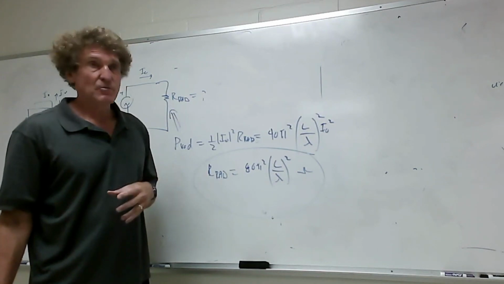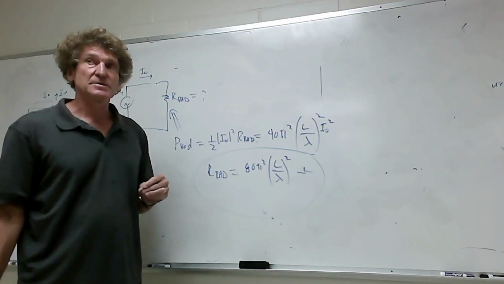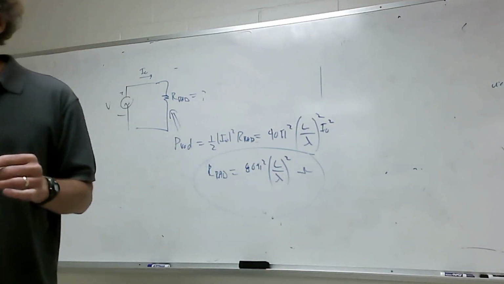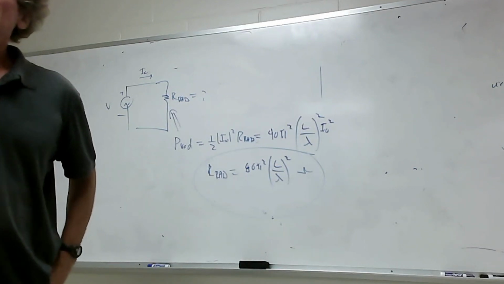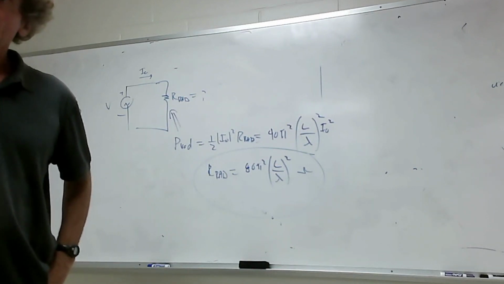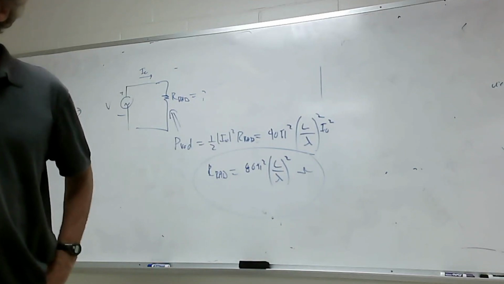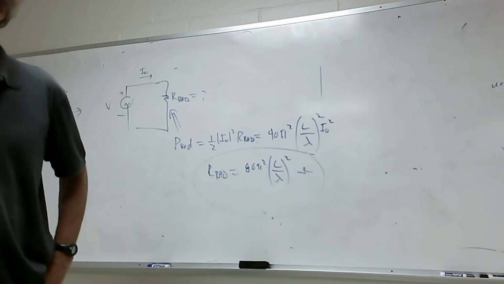That's only 8 ohms. That's very little impedance. The implications are you need a lot of current to radiate power with a short dipole. Anytime you need more current, you get more losses because there's a resistance that's inherent to any kind of wire.